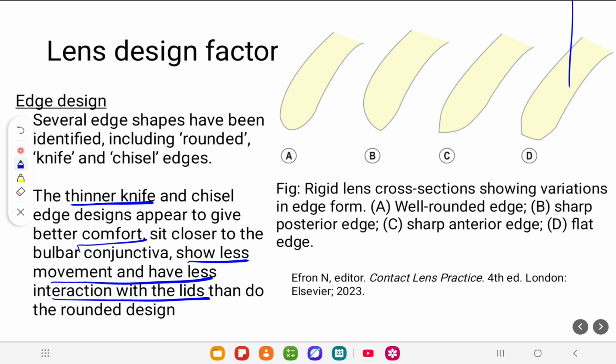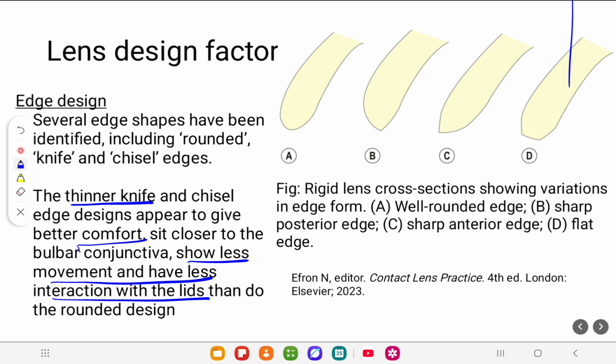One of the great reasons for discomfort is interaction of the upper lid palpebral conjunctiva with the contact lens edge. So that's why the edge is very important, not just in fitting, but as a comfort factor.